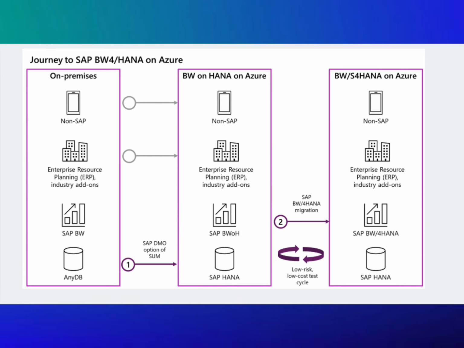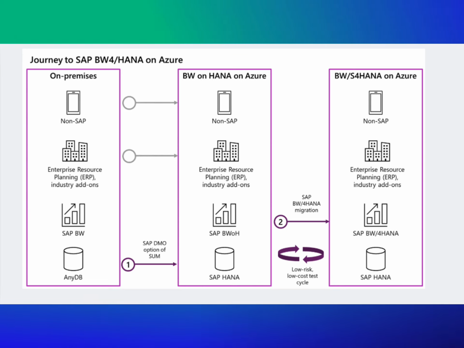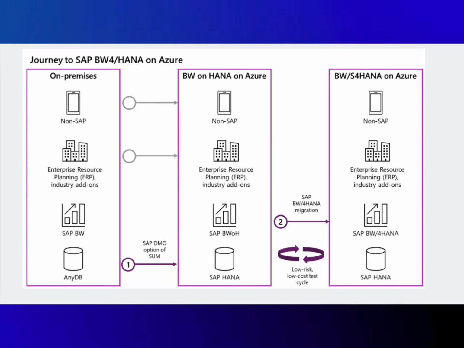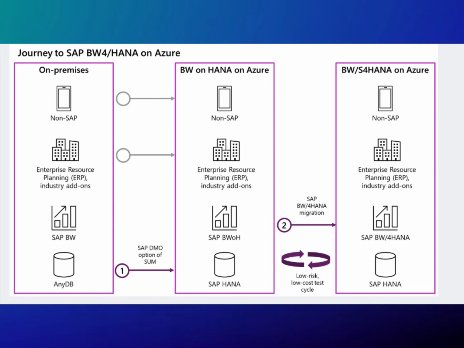No more rigid one-size-fits-all infrastructure. With TDI, hardware can be mixed and matched and optimized for budget and performance. He sets up low-risk, low-cost test cycles in Azure, allowing safe experimentation before the full production cutover. Once stable, Harish upgrades to SAP BW for HANA and future-ready cloud-optimized warehouse, unlocking new features and integrations.